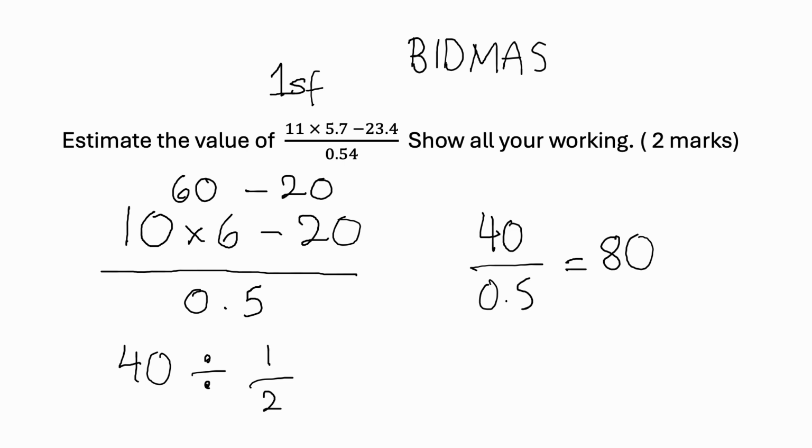And then we go over our rules for dividing fractions, which is keep, flip, change. So keep the first fraction the same, flip the second fraction and change the sign. So you do 40 times 2 over 1, so 40 times 2, which is 80.